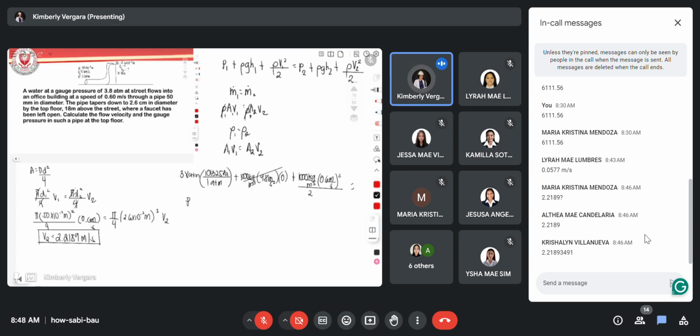This is our desired quantity, plus rho, 1000 kilogram per meter cube times 9.81 meters per second squared times the height, which is at the top of the building, sorry, 18 meters, plus rho, 1000 kilogram per meter cube times our velocity 2.2189 meters per second, squared, all over by 2. So kindly calculate for P2.